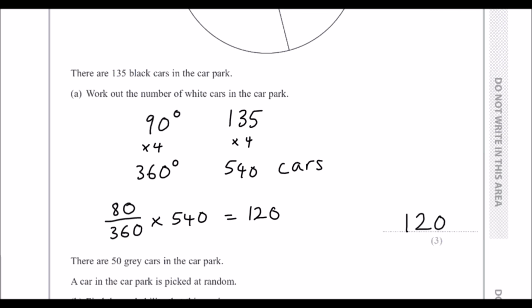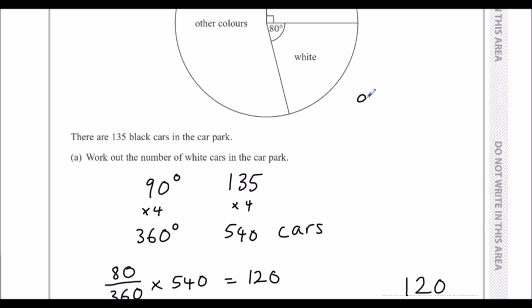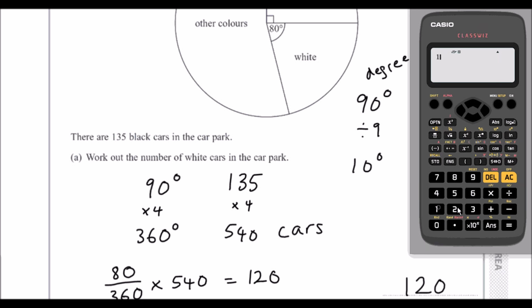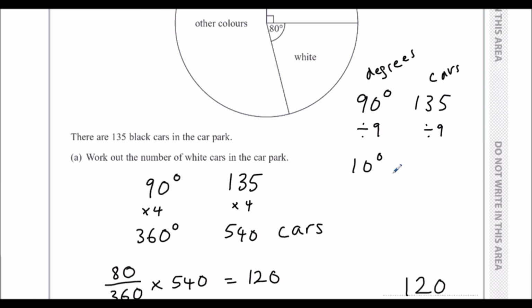We could have also, if we said 90 degrees is 135 cars, divided by 9 to find out what 10 degrees is. So 135 divided by 9, we could have said 10 degrees is 15 cars.